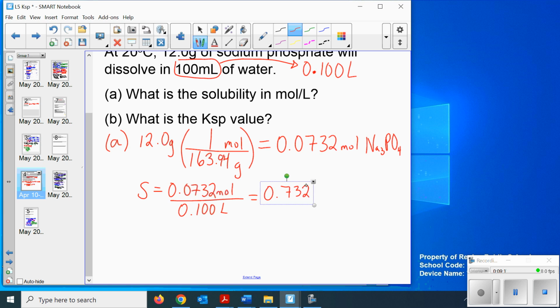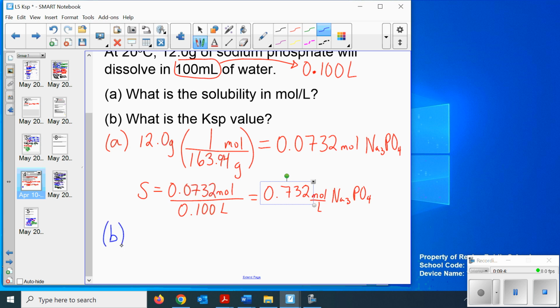I can put big M, I can put moles per liter. I'm going to put moles per liter. That's sodium. It's specific to that count. This is why we're doing expressions with acids as compared to solubility. Solubility product. So B, what's the Ksp value?